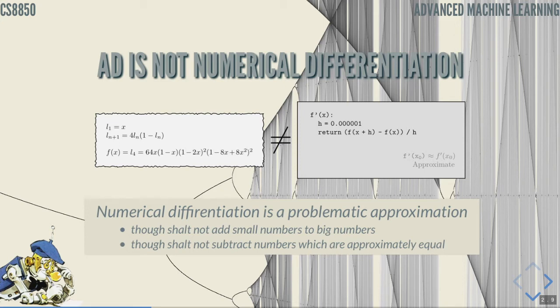The language may make us think that it is numerical differentiation. But let's take this map. You can start with L1 equals to some number x, and then keep iterating this map. At step 4, what you will get is this expression.